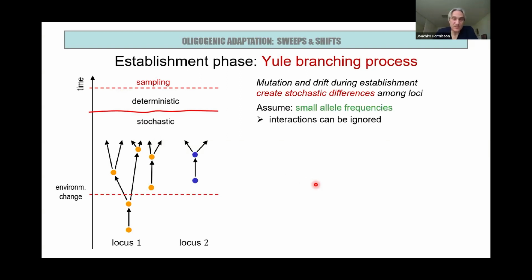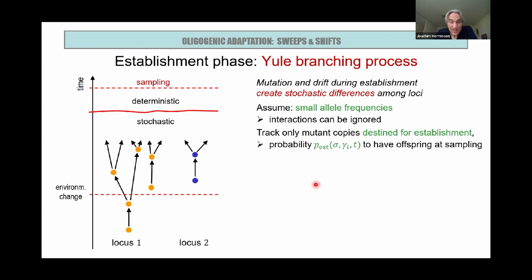Good. So we assume that we have small allele frequencies, and therefore these interactions can be ignored. As I said, we only track the copies of alleles that are destined for establishment, and therefore can still be observed at the time of sampling. And this is given by some establishment probability, P establishment, that depends on parameters. Here, sigma stands in for selection, the strength of selection, of course.